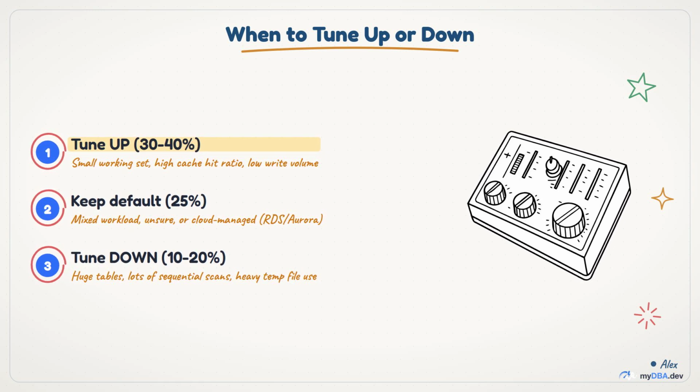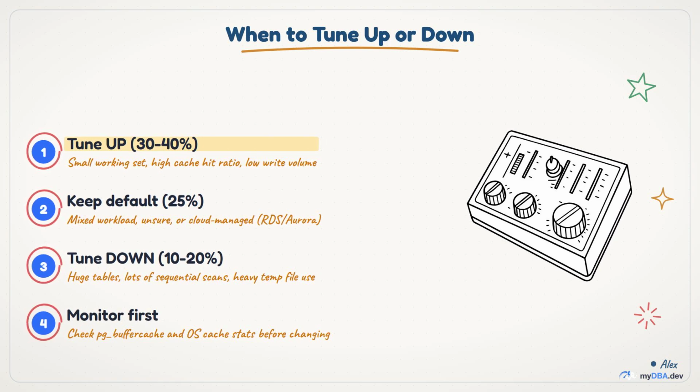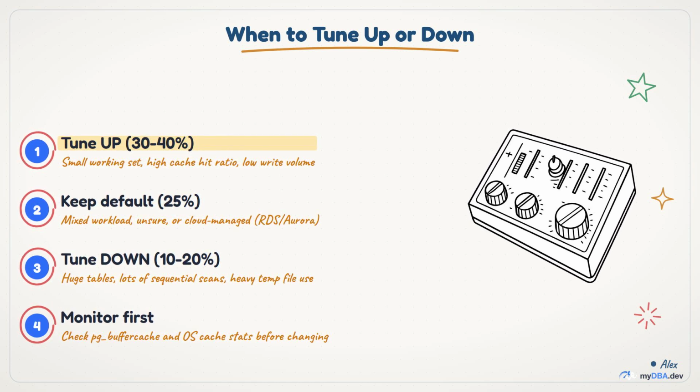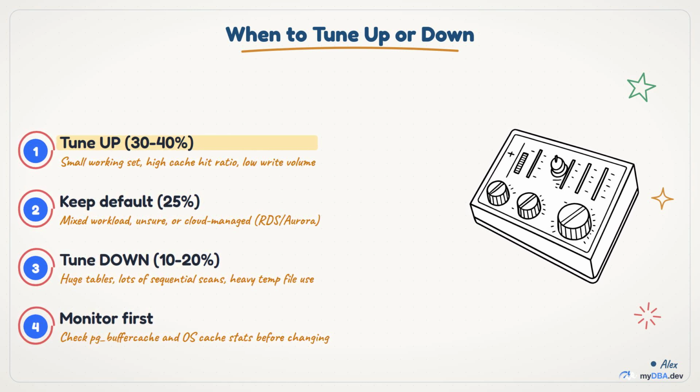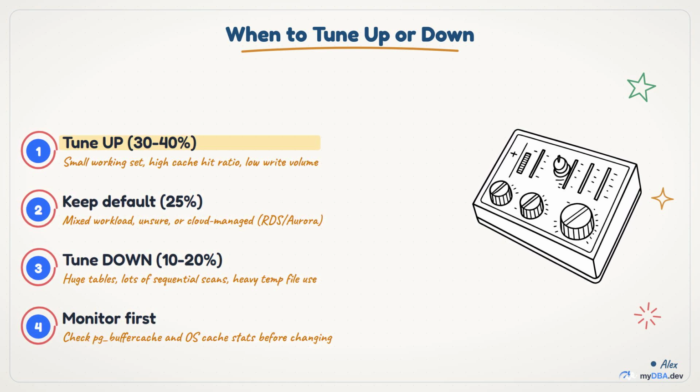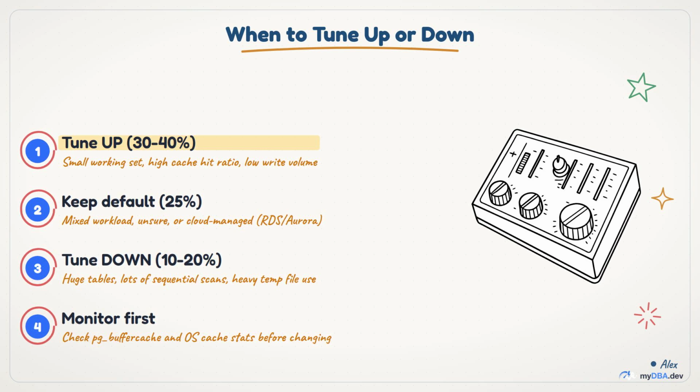If you're doing huge analytical queries that scan terabytes, a giant shared buffers just wastes RAM. Those pages are read once and never touched again. And if you're on RDS or Aurora, stick close to 25%. Those platforms tune the OS layer for you, and going off script can cause swapping or OOM kills.